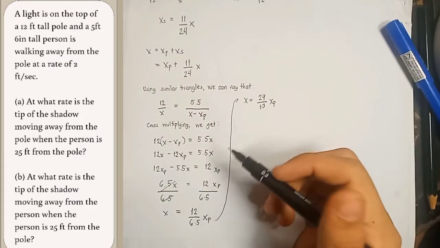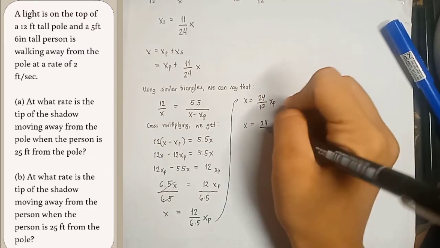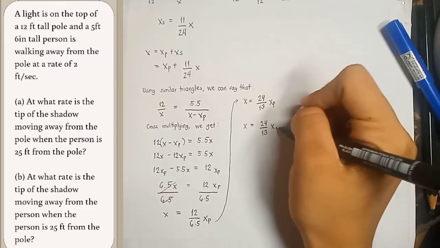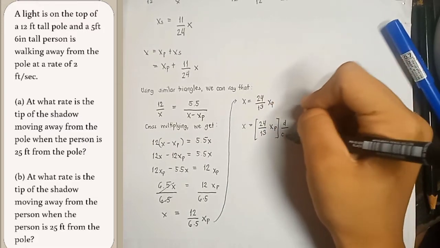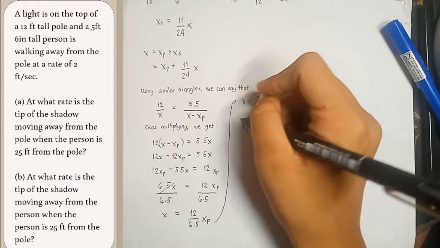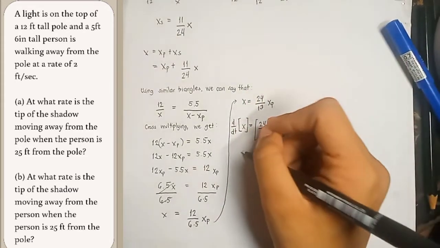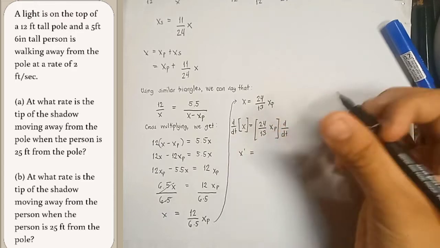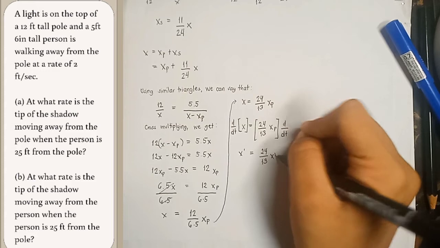Now, all that we need to do is to differentiate this. So we're going to find the derivative of x equals 24 over 13 x sub p with respect to t. So x prime is equal to 24 over 13 x prime sub p.